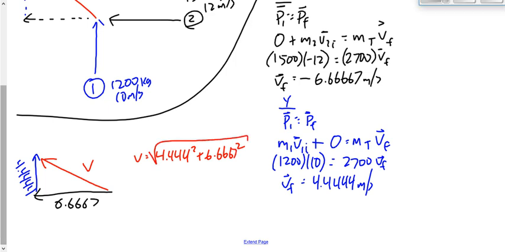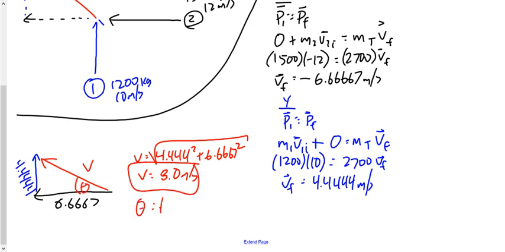A squared plus b squared equals c squared. We end up getting 8.01 or 8.0 meters per second at an angle of, say it's the inverse tan of opposite over adjacent, at an angle of, make sure you're in degree mode here, 4.44 divided by 6.67. 34 degrees, and that 34 degrees would be north of west.